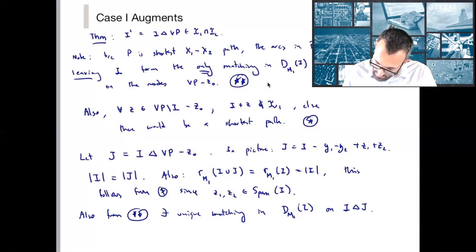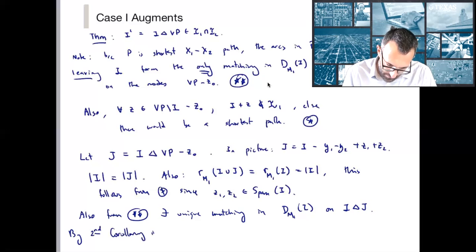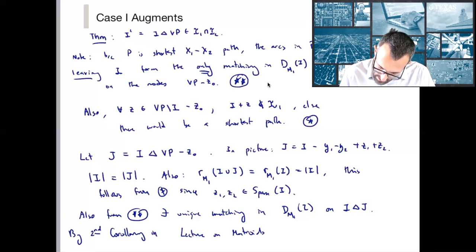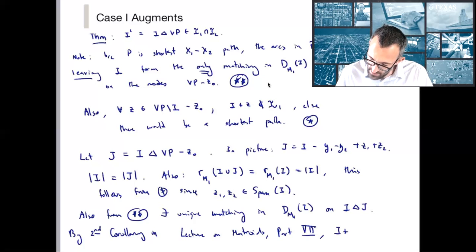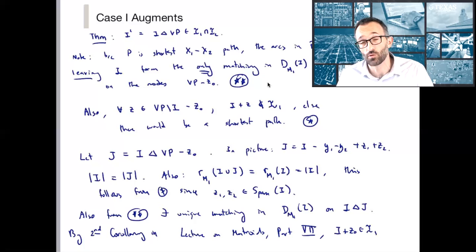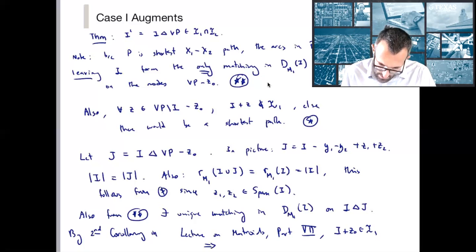So by the last corollary in the lecture on Matroids part 7, we know that because I plus z0 is in I1, that's just because z0 is in x1, by assumption, this implies that J plus z0 is in I1.